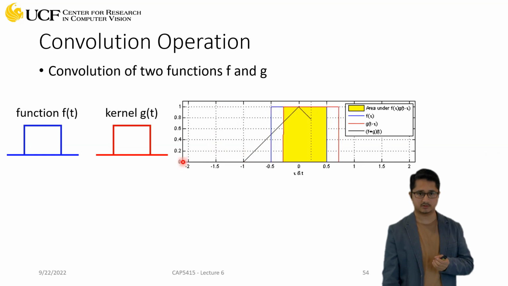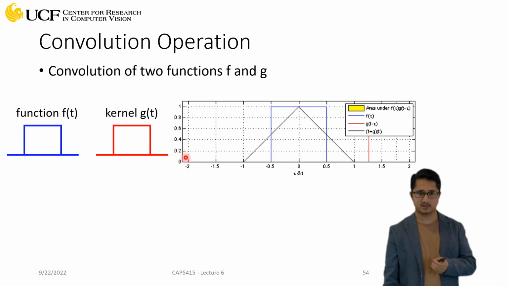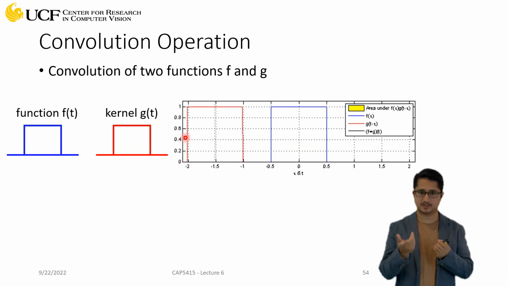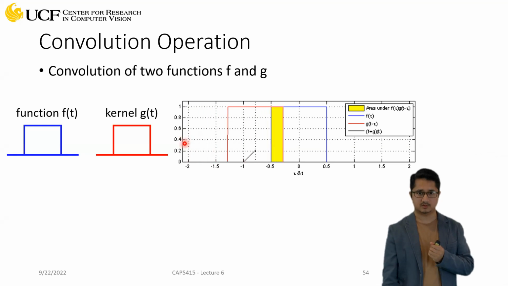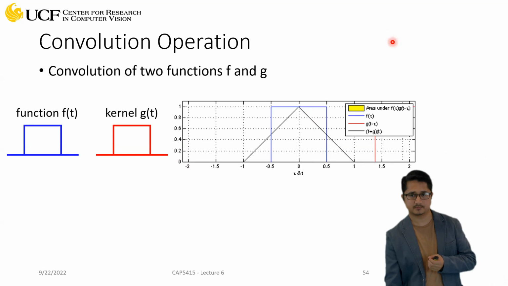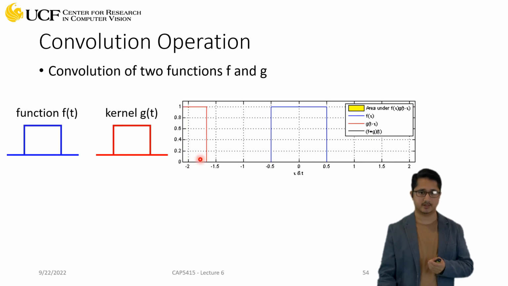At this location, the kernel g(t) has value 1, but the function f(t) has value 0. Element-wise multiplication gives you 0. Now you stride your kernel towards the right, and keep computing the convolution value.